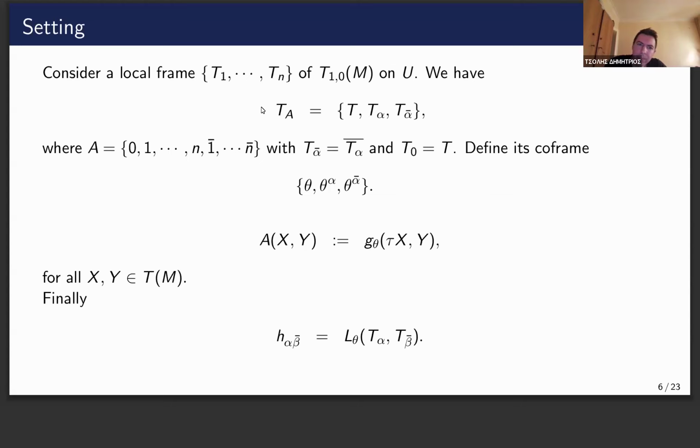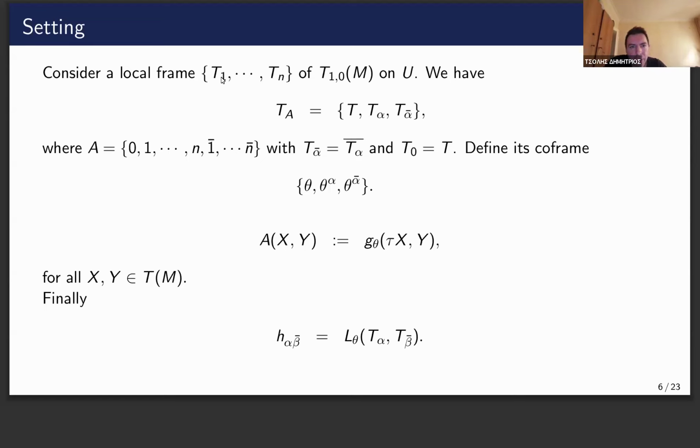And we have this kind of notation, T alpha. T0 is the Reeb vector field T. T alpha here is just essentially this frame. And T alpha bar is defined like this. So T alpha bar is just the complex conjugate of T alpha.